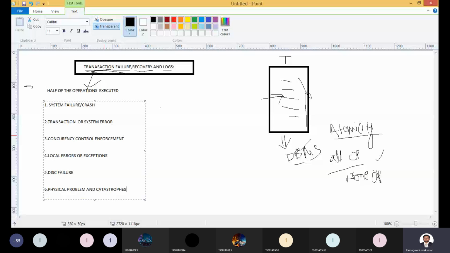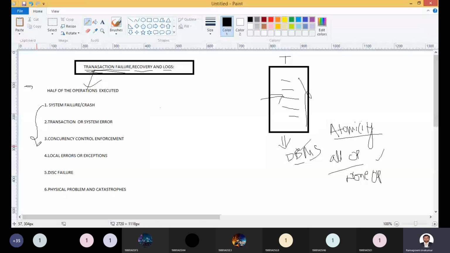Okay. These three are well recoverable and these two are difficult to recover.